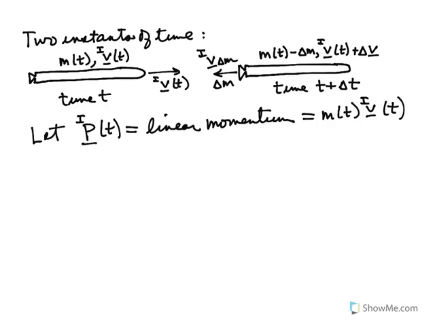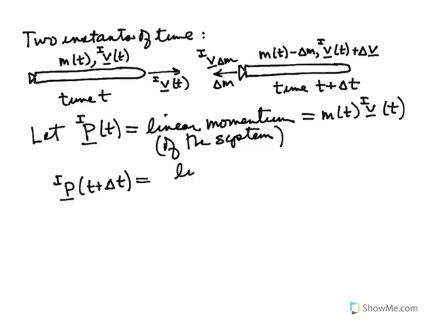But we have to look at the linear momentum of the entire system. This is really important. It's the linear momentum of the system at time t. Now we're also going to look at pi of t plus delta t, which is equal to the linear momentum of the system at t plus delta t.